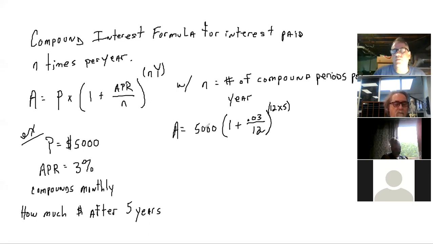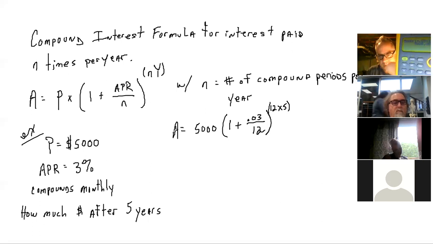The machine will sort out the order of operations for you. Then I hit the caret key, the exponent button. Now, you can right there hit parentheses and hit 12 times 5, or just 12 times 5 is what, 60. So I'm just going to put it in as 60 and hit enter. All right. And so, there you go.